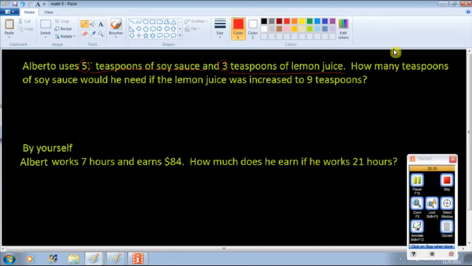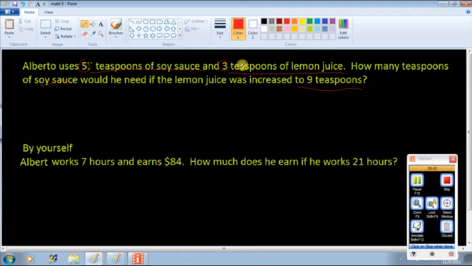Remember, from the question we get a ratio. So it says, how many teaspoons of soy sauce would he need if the lemon juice was increased to 9? Well, remember, for ratio, we need 2 numbers, and I don't see 2 numbers here. How many? It's more of a question, so let's set it up how it is anyway.